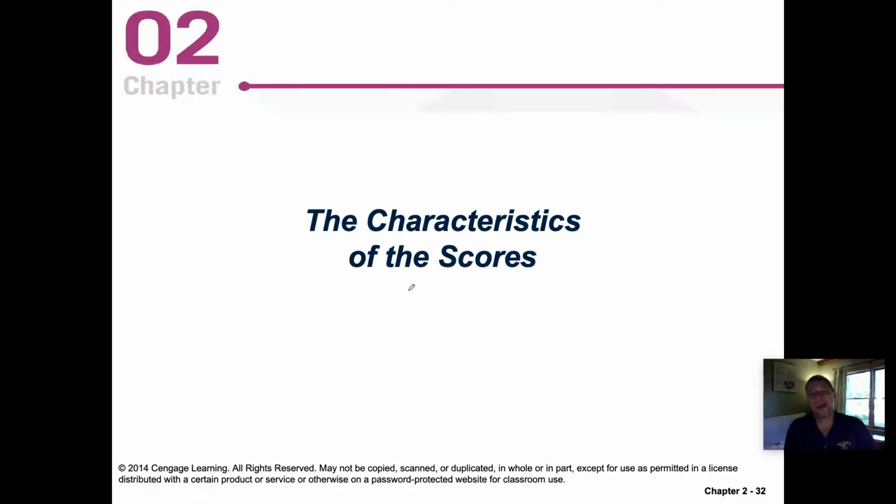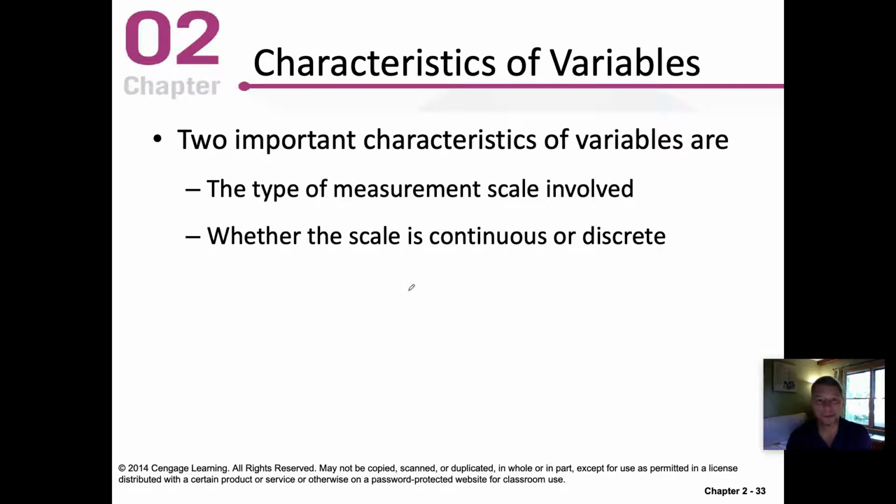But that's not really the case. Sometimes scores are simply names and labels, and at other points they're actually measurements of specific data points. And so you have to be very careful that you know what the characteristics of scores are when you're looking at a data set, especially one that's being presented by somebody else.